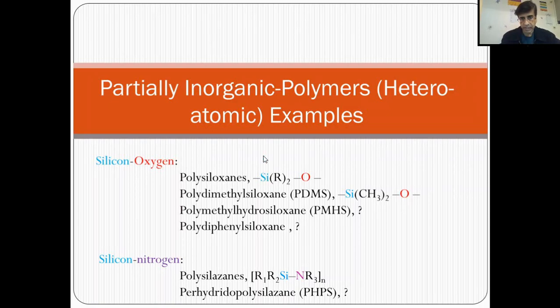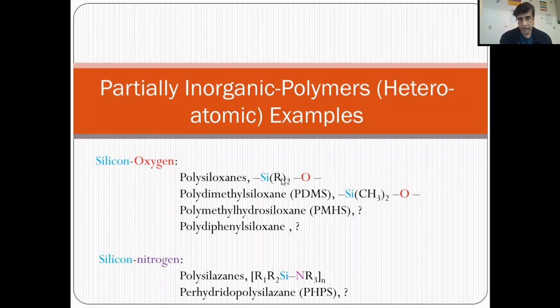The one R will go here and one R goes here, and this silicon is connected to this O, and then the O is connected to another silicon, and that's how the chain will continue. So what you have to do here, make a sequence of at least 3 or 4 monomer units in your practice, so you know how to write this one, because this may be asked in the assignment or in the exam, how to write this structure. Now in this category, look here.